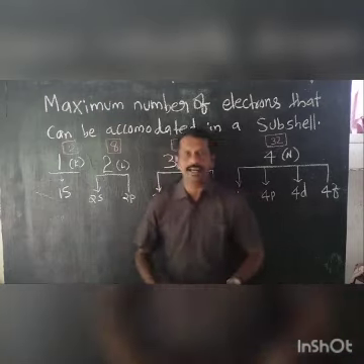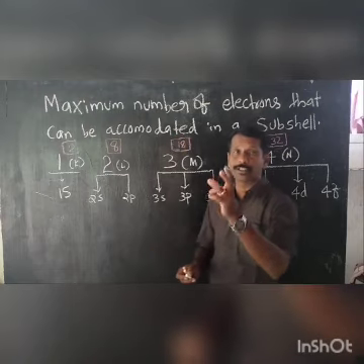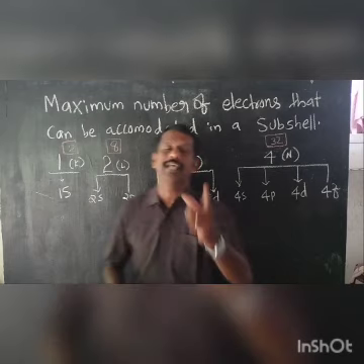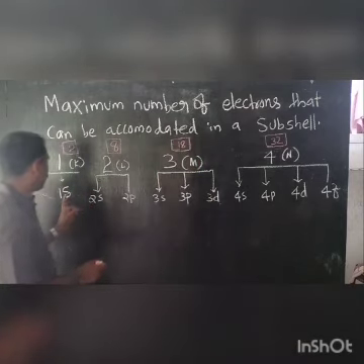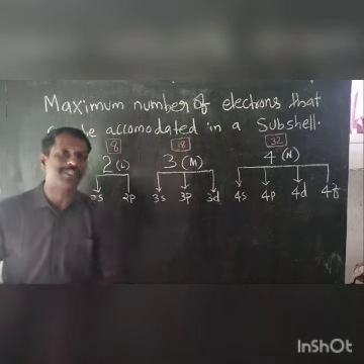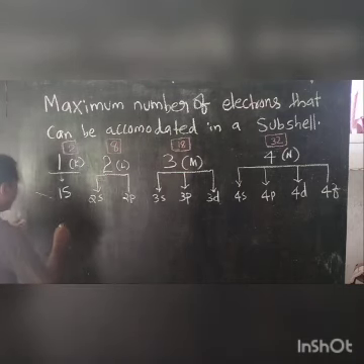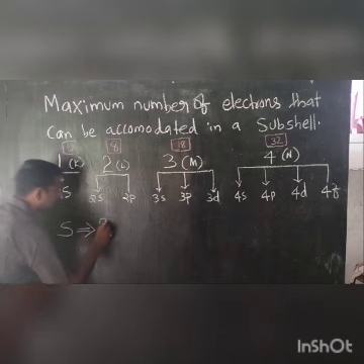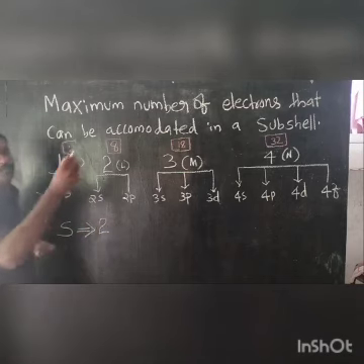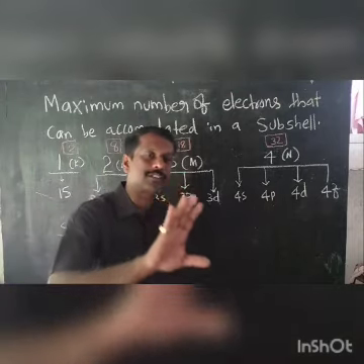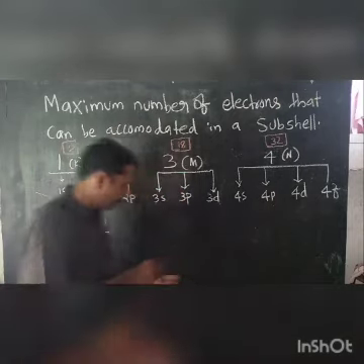Now here we are discussing the maximum number of electrons that can be accommodated in subshells. In an S subshell, the maximum number of electrons that can be accommodated is 2.